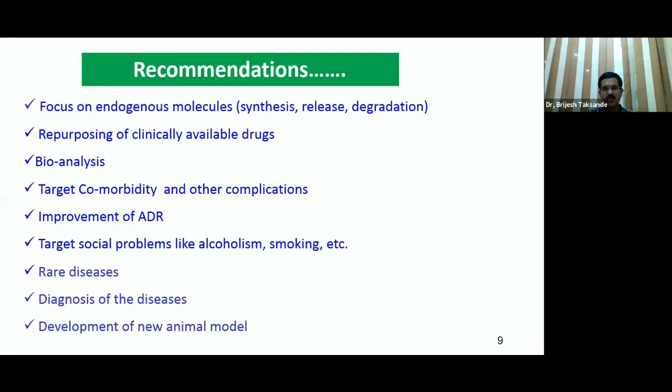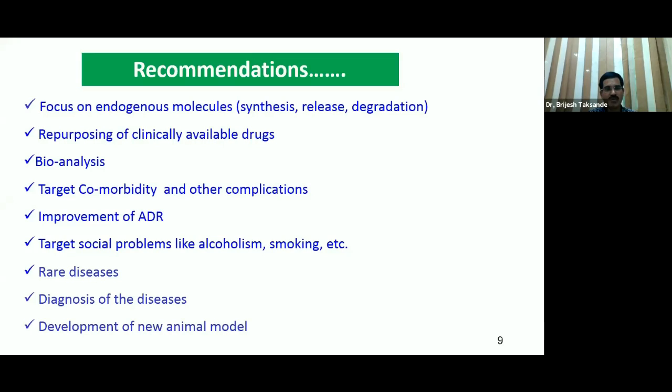It's always better to work on these problems because the funding agency would immediately accept your funding claim, and maybe you'll get funding for these problems. Then rare diseases, for example, thalassemia, hemophilia, sickle cell anemia, leishmaniasis, Huntington disease, which are not actually covered in your degree syllabus. So you can work on it.